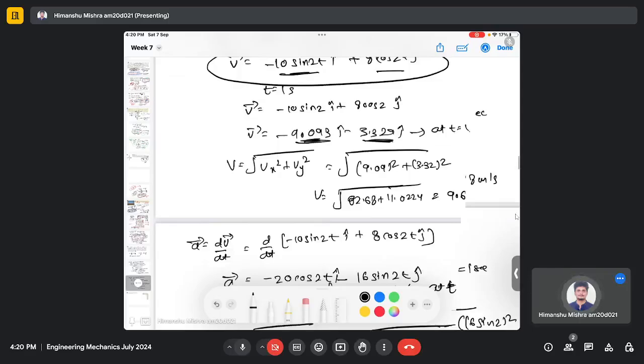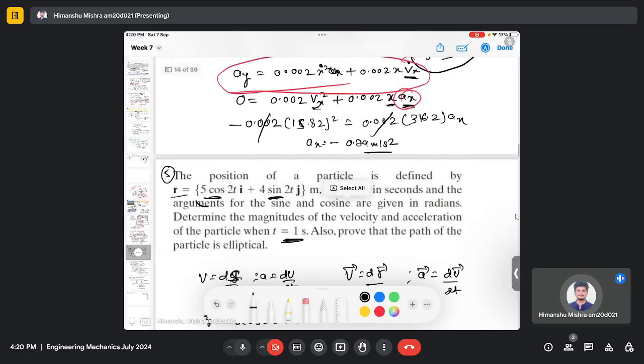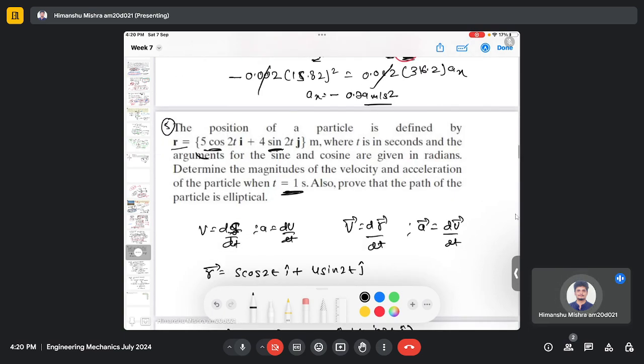So just to recap, in this question we have been given the position vector. Until now we have been solving problems in which we were given the scalar position. But in this question we have been given the vector position, and we need to find the velocity and acceleration. So we use a general formula.